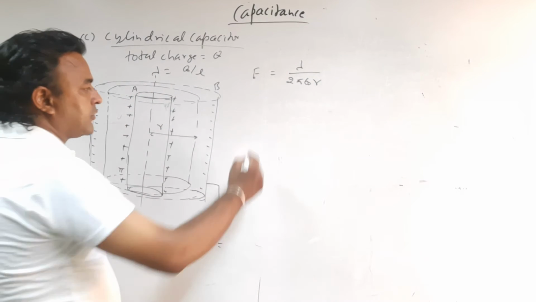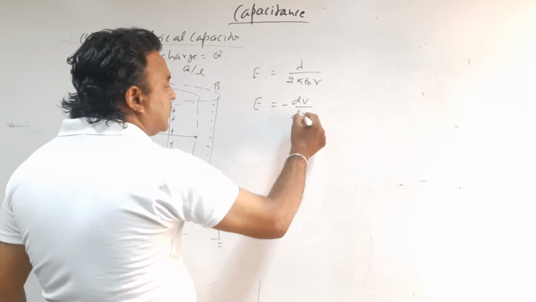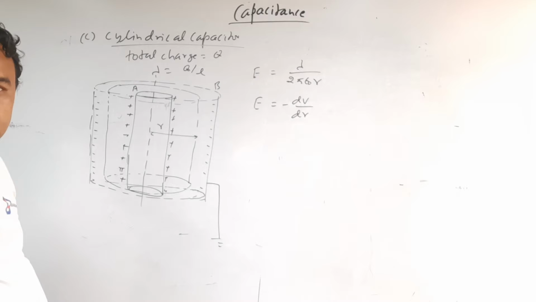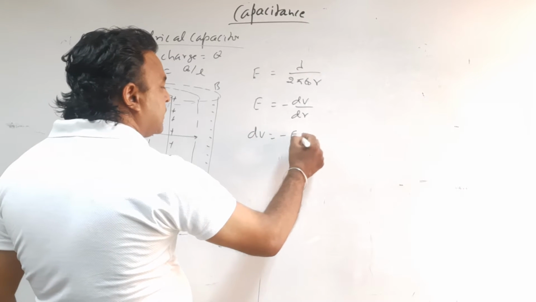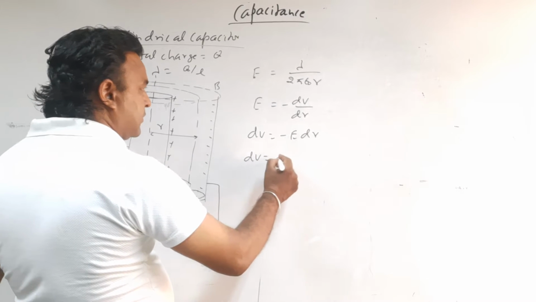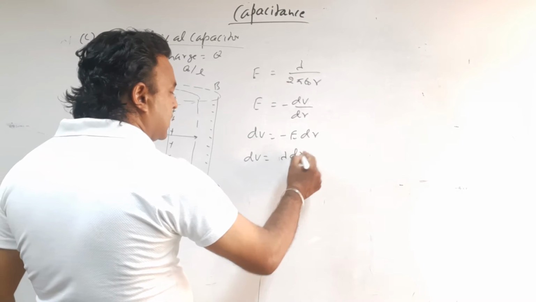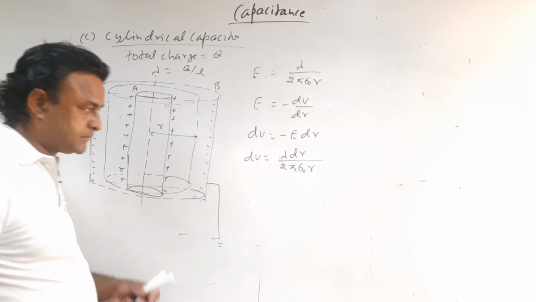And we have the relation E is equal to minus of dV by dr, right? Then dV is equal to minus of E dr. And dV equals to lambda dr upon 2 pi epsilon naught r.